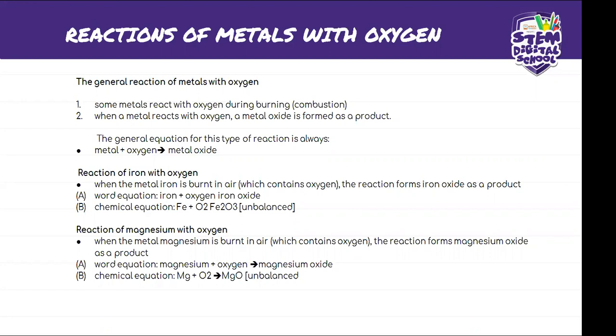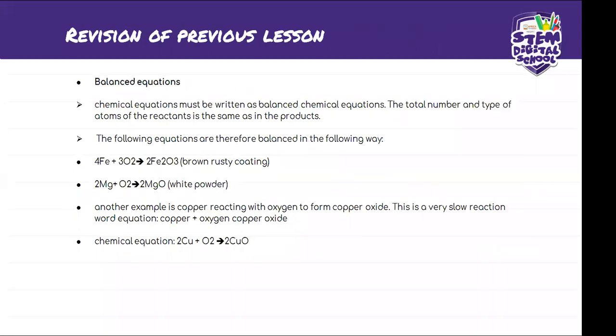Let's look at the previous slide. You see, when iron reacts with oxygen, we are getting iron oxide. When we balance it, we remember we said the atoms on the left hand side should be equal to those on the right hand side.